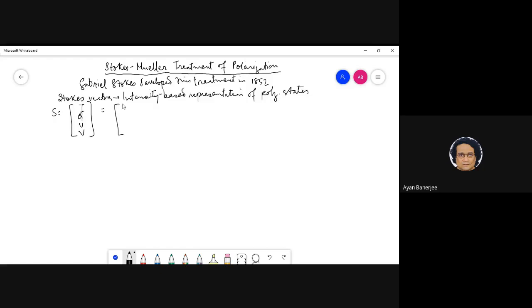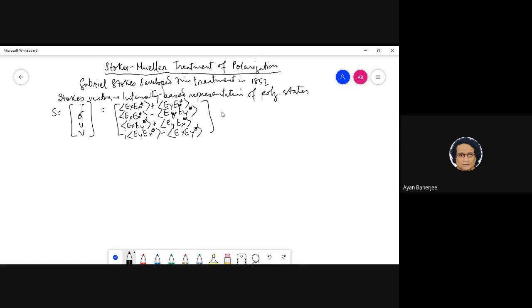So if I write in terms of time averages, this is EX EX star plus EY EY star, this is EX EX star minus EY EY star, this is EX EY star plus EX star EY, and this is i times EX EY star minus EX star EY, right?